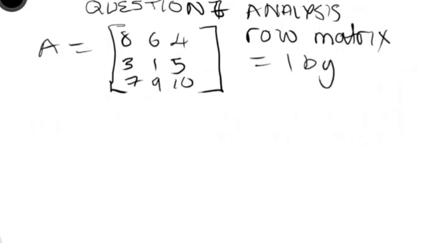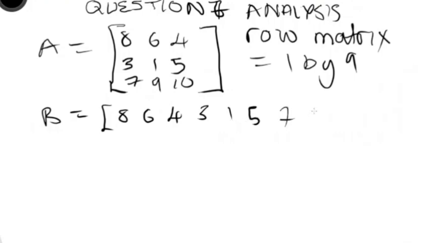We're going to call this 1 by 9 B. So say B is equal to 8, 6, 4, 3, 1, 5, 7, 9, 10, like this.